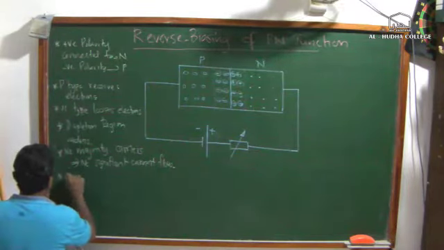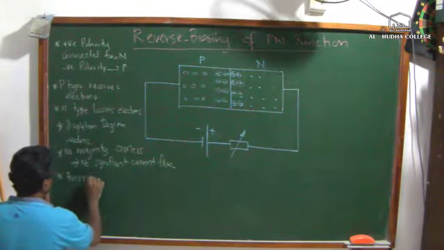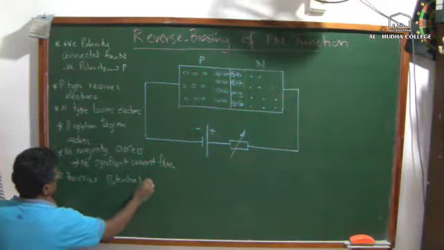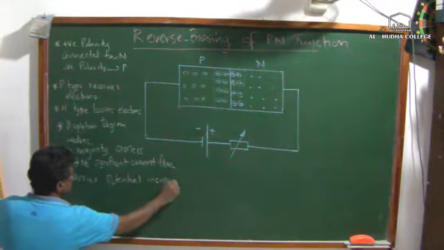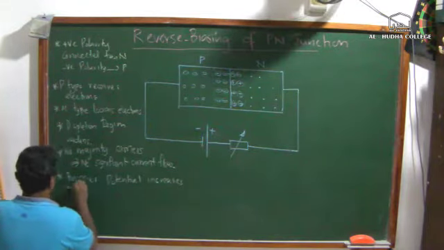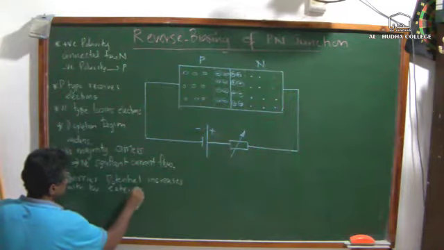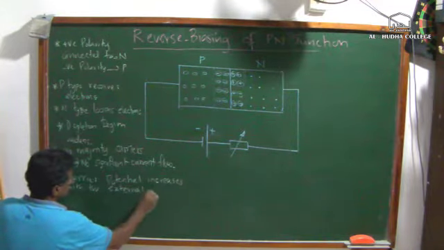The barrier potential increases with the external voltage.